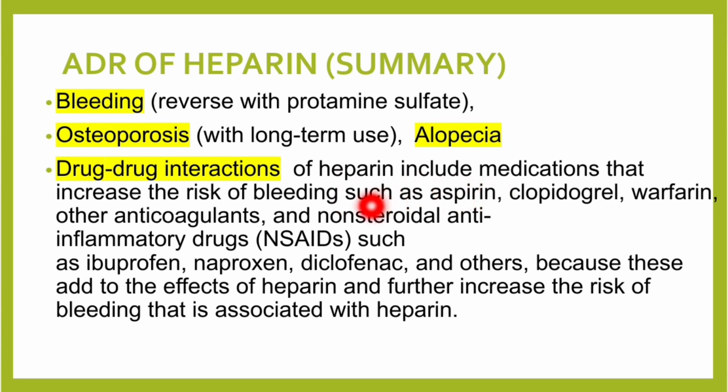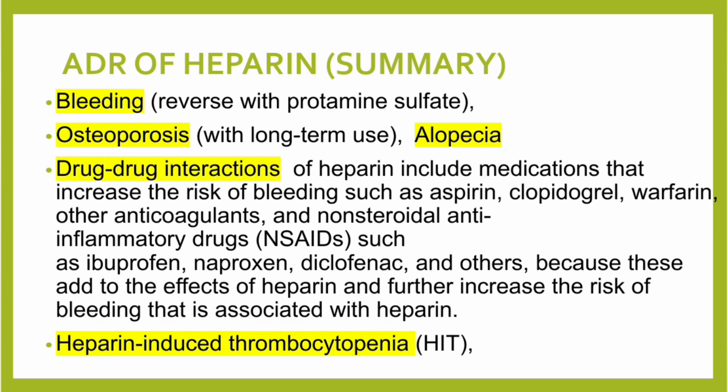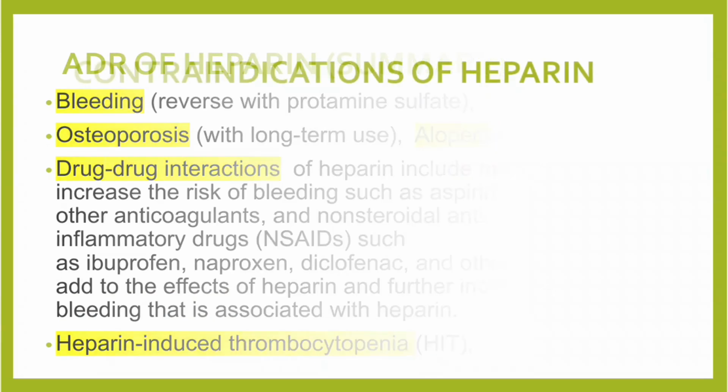Also, NSAIDs such as ibuprofen, naproxen, diclofenac, and others. Right, so this will add up to the effect of heparin and further increase the risk of bleeding that is associated with heparin. This was the main one, heparin-induced thrombocytopenia, right? So I hope you understood this concept.